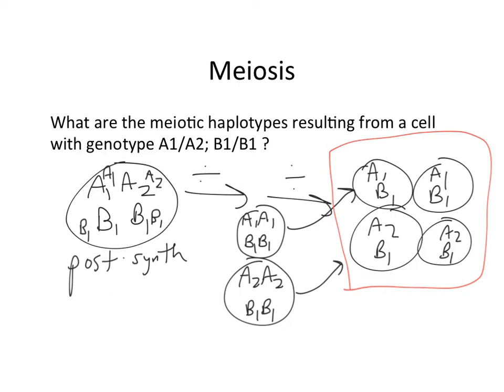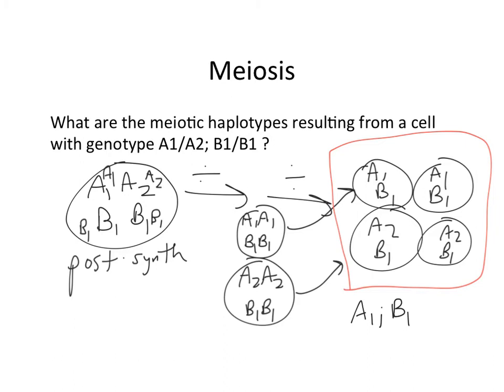Asking about ratios of these 4 gametes that are circled in red on the right side there. What's the ratio of the haplotypes of these gametes? If I made that an exam question, how many different haplotypes are there? There are 4 cells, but there are 2. What are the 2 haplotypes? A1 semicolon B1, because these are different chromosomes. Semicolon means we're talking about genotypes on 2 separate chromosomes.